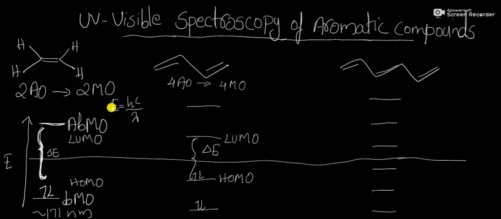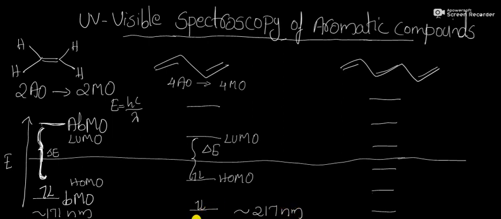We know that energy and wavelength are inversely proportional. As energy decreases, wavelength increases, which means 1,3-butadiene absorbs in a higher wavelength region than ethene, approximately 217 nanometer.